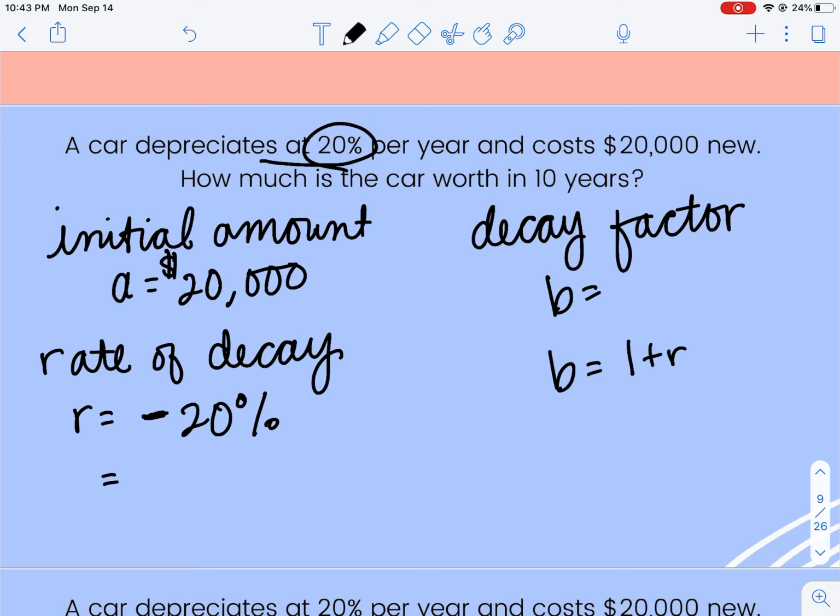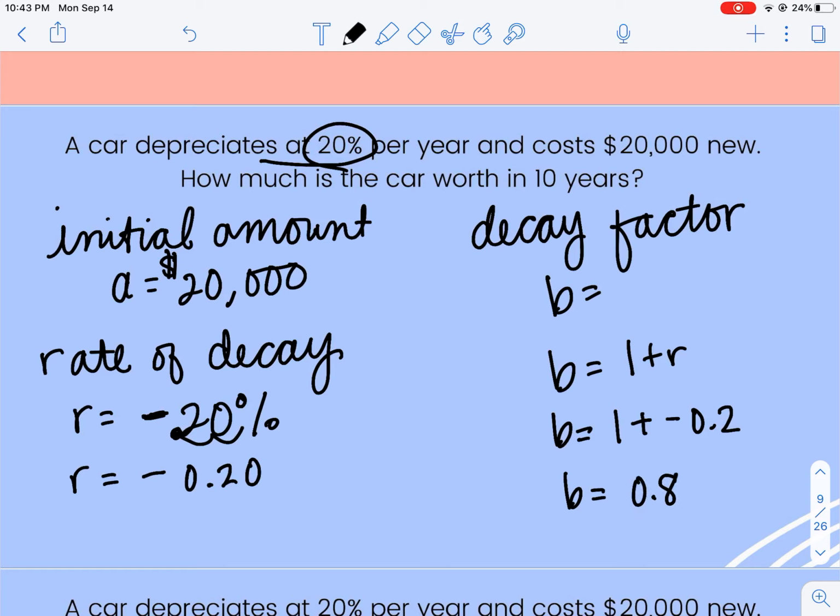Now, if we transform this percent into a decimal, we would say the rate is equal to negative 0.20, right? We move the decimal place 2 places. And now, when we plug this into this formula, B equals 1 plus negative 0.2, that would mean B would equal 0.8.